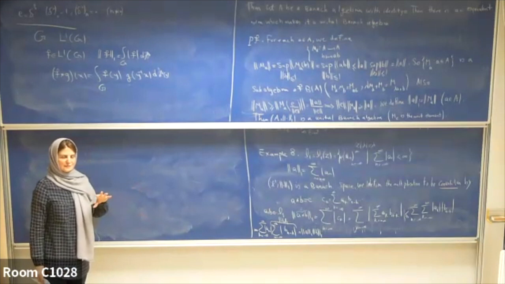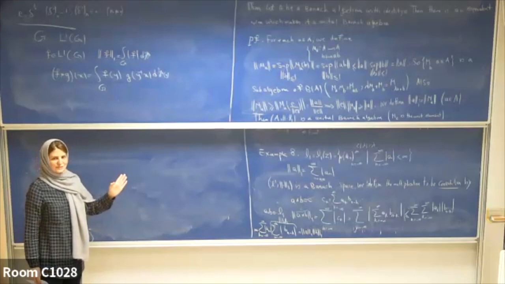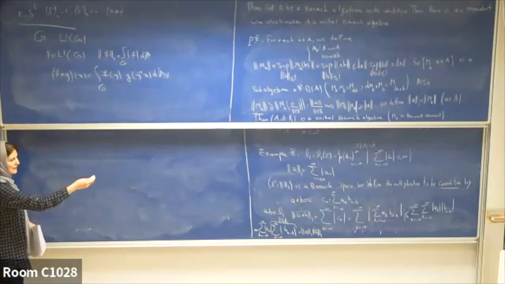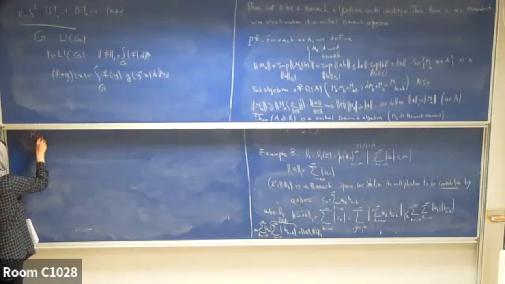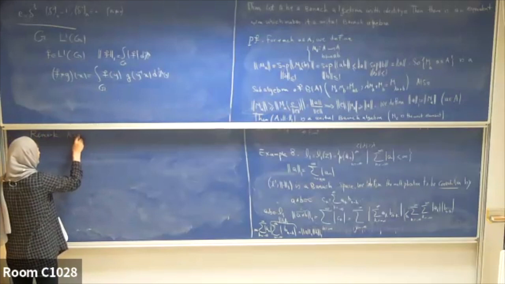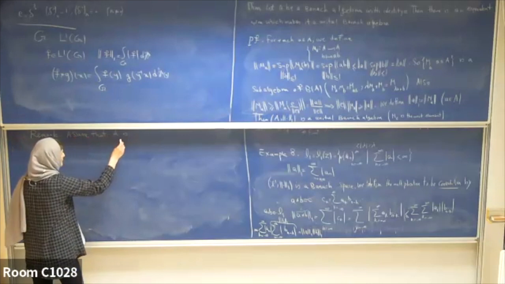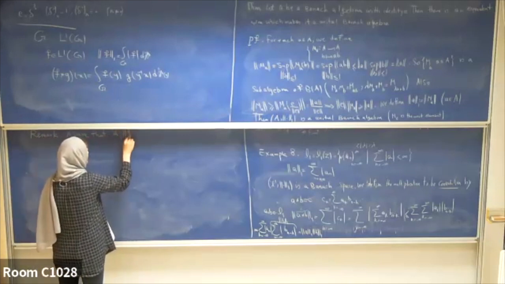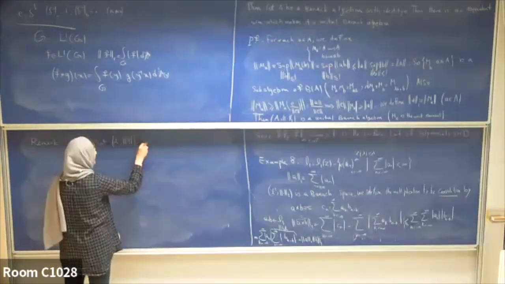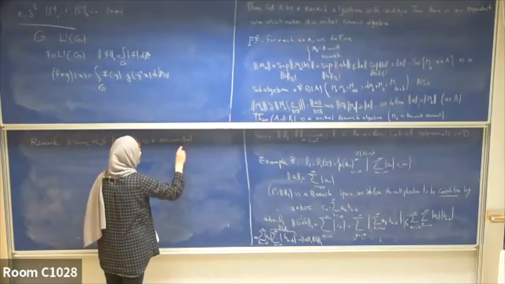So every concept I tell you later can be extended to the non-unital case because each non-unital Banach algebra can be embedded in a unital Banach algebra. Anyway, so assume that A, for example with this norm, is a non-unital Banach algebra.